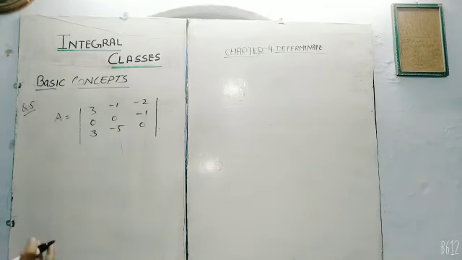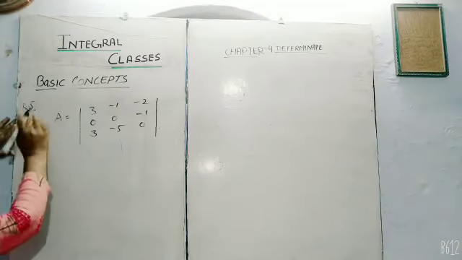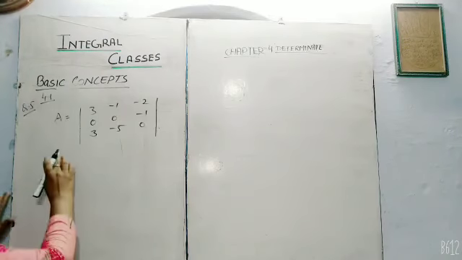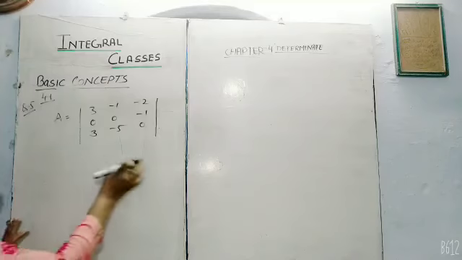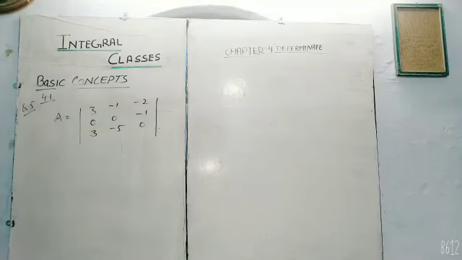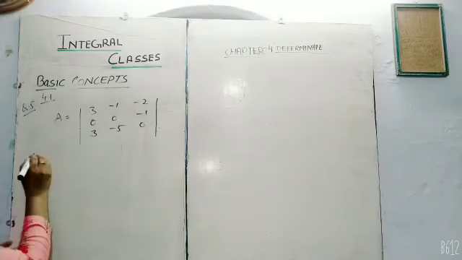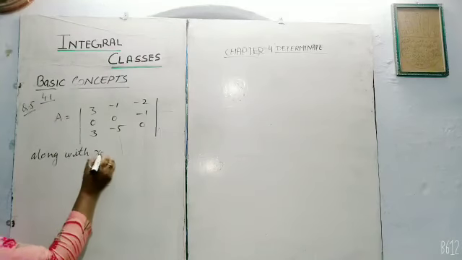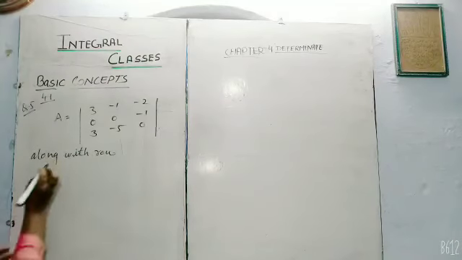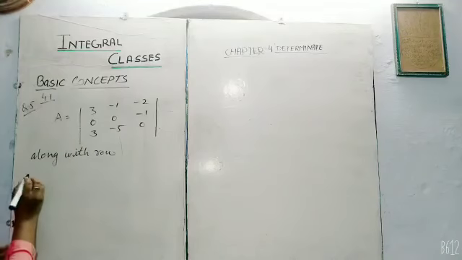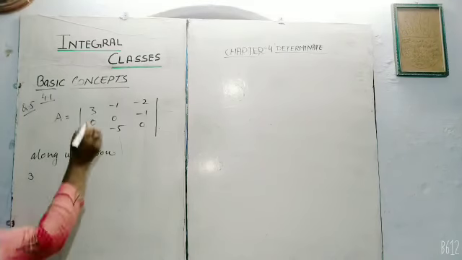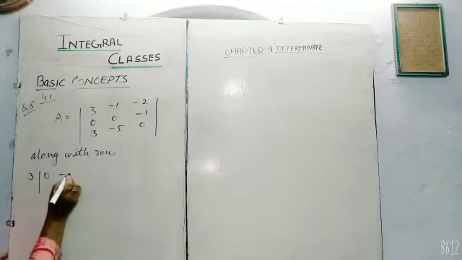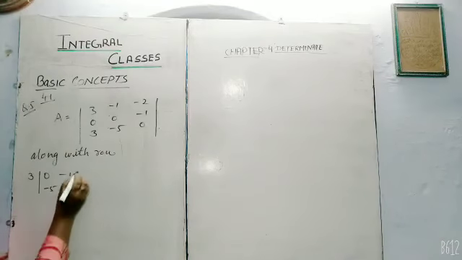Now students, I am explaining question number 5 of exercise 4.1. We will find its determinant along a row or along a column. So first along the row. This is a11, 3, and the remaining are these 4: 0, minus 1, minus 5, 0.